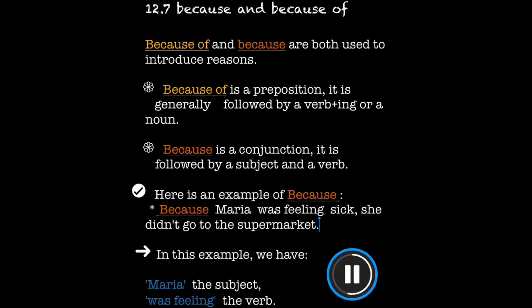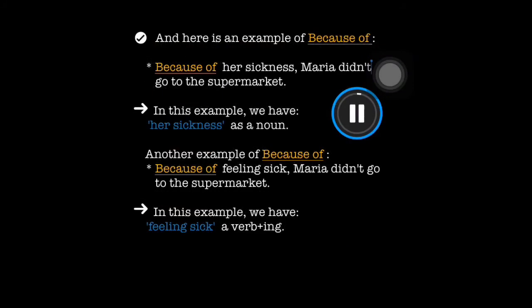Here is an example of because. It sounds like this: because Maria was feeling sick, she didn't go to the supermarket. In this sentence, we have Maria as the subject and was feeling as the verb. So, due to the existence of the subject and the verb, this sentence has to use the word because. Well, here are the examples of because of.